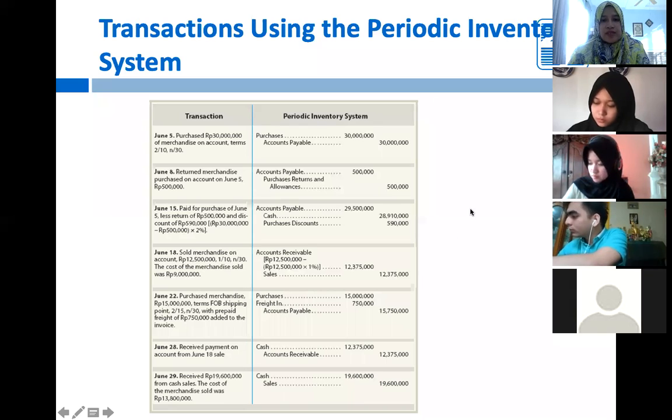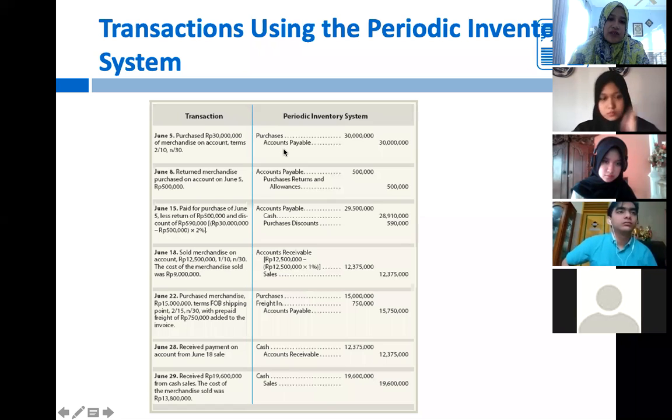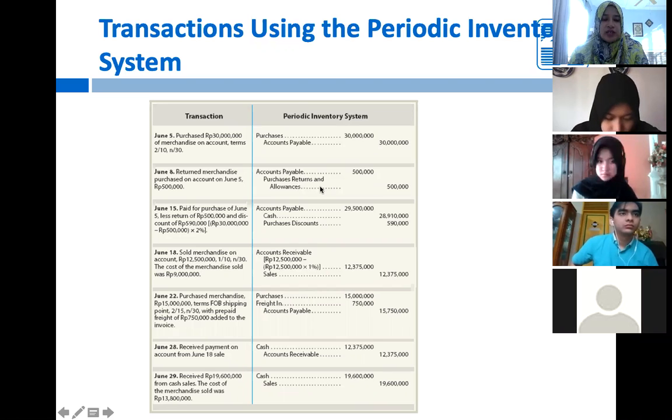Okay, let's say, for example, we purchase 30 million of merchandise on account, terms 2/10 net 30. So we debit purchases and credit account payable. And then when there is a purchase return and allowances, we would debit account payable and credit purchase return and allowances.